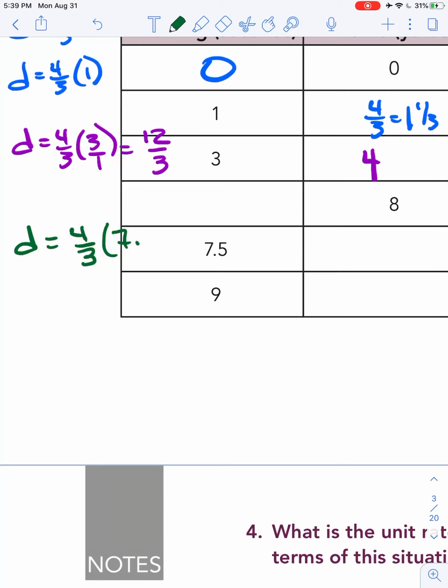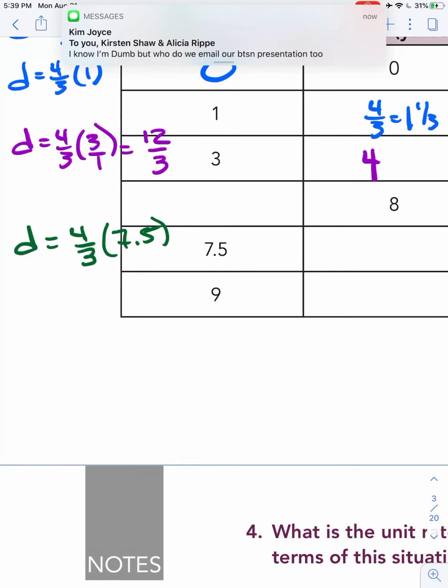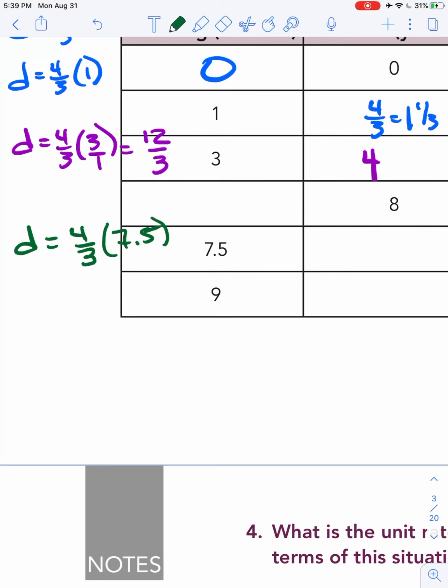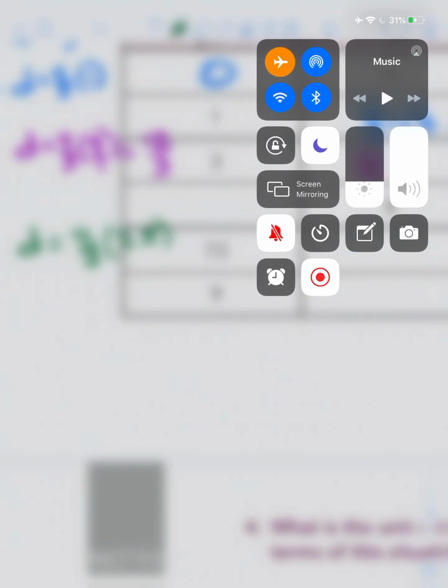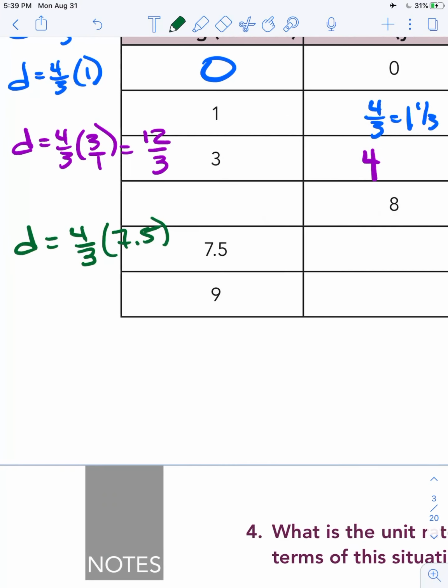And we're going to multiply that by 7.5. And when you do that, hold on just a second, I'm actually going to turn off the Wi-Fi for a moment. So if you multiply these together, remember that 7.5 is actually over 1.